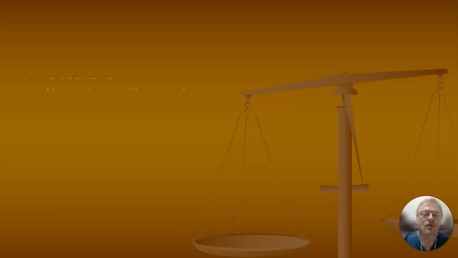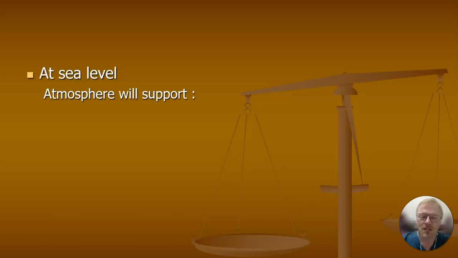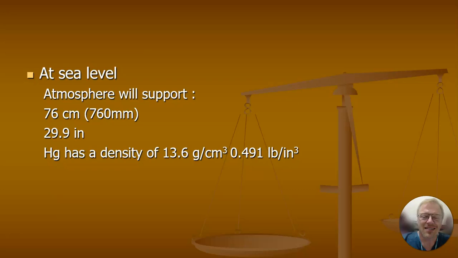So at sea level, the atmosphere will support 76 centimeters or 760 millimeters of mercury, or 29.9 inches of mercury. But mercury has a density of 13.6 grams per cubic centimeter, or 0.491 pounds per cubic inch.